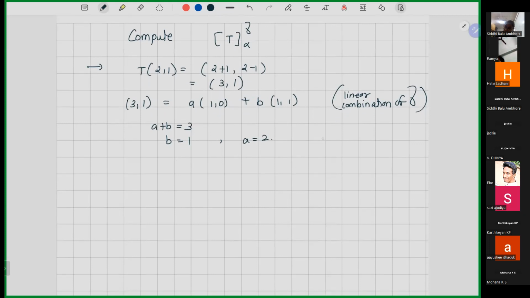So my T alpha gamma has first column 2 and 1, the coefficients of gamma 1 and gamma 2.